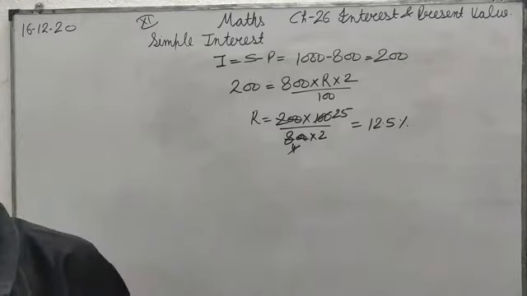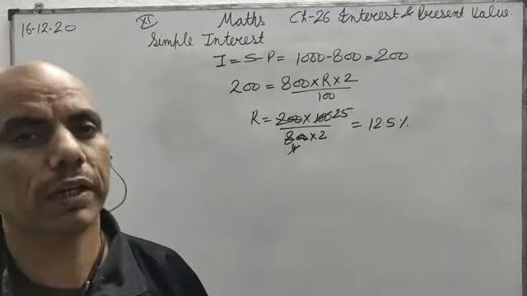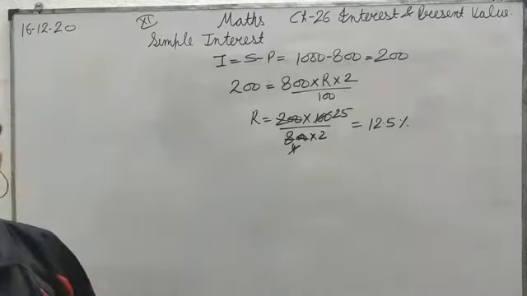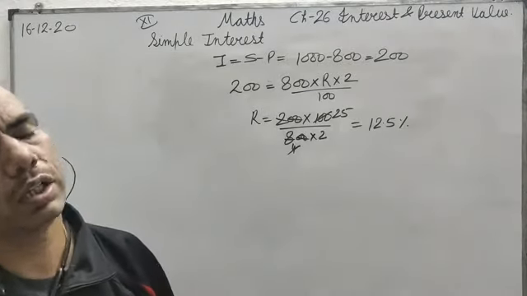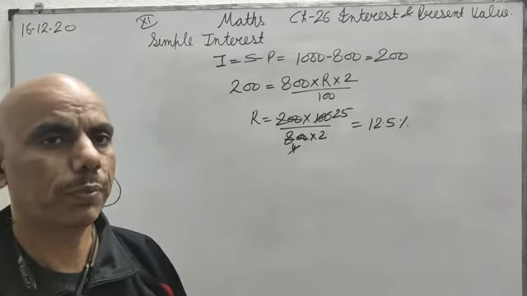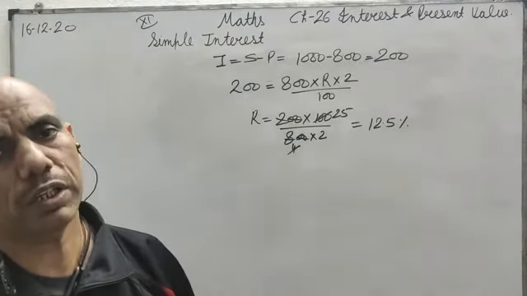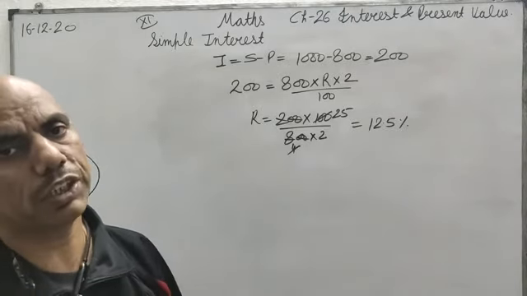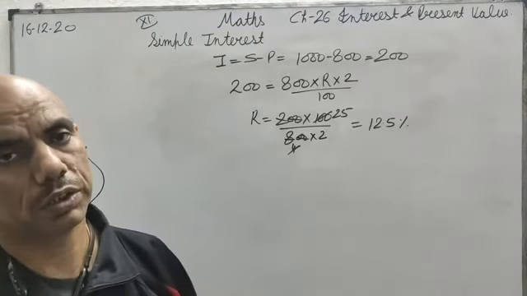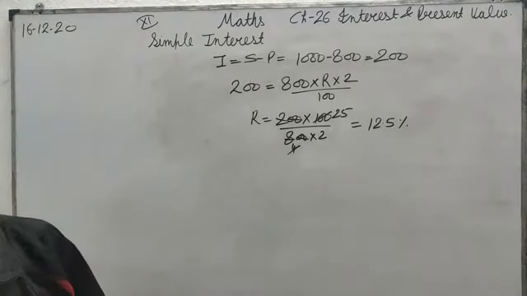So, what has happened? The person has deposited 80,000 in the bank, and after 2 years he has withdrawn 30,000. So 80,000 has been producing interest for 2 years, and the rest, 50,000, is producing interest for 4 years. So what is the rate? What is the interest? First of all, let us calculate that.